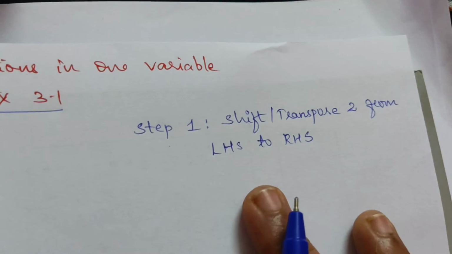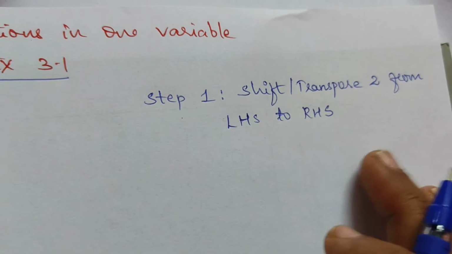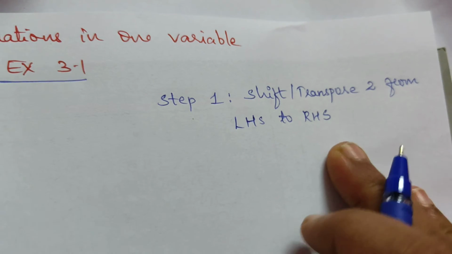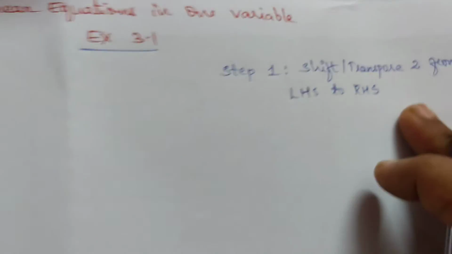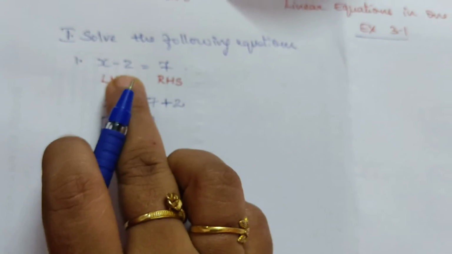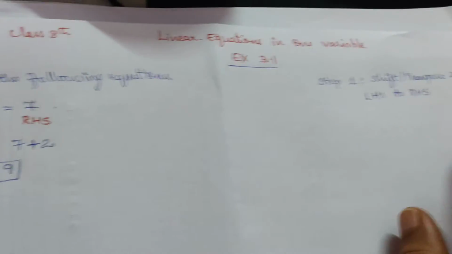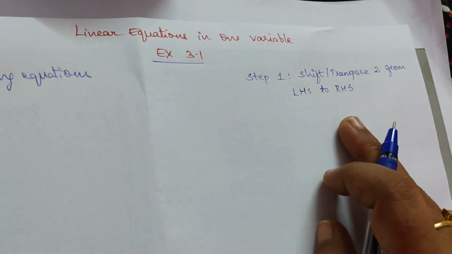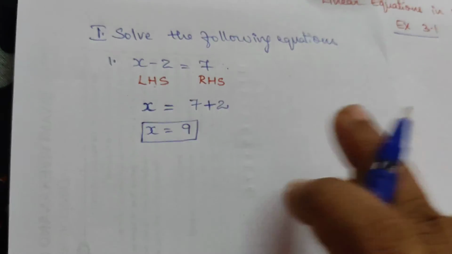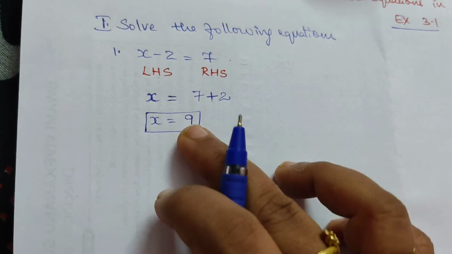So we have done only one step here. We have shifted or transposed 2 from left hand side to right hand side, and then we have done the operation.